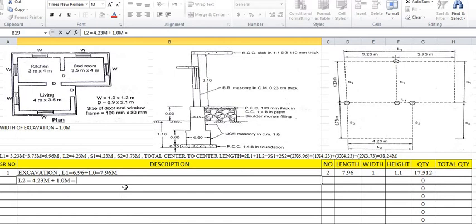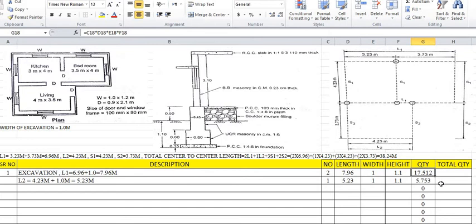So 4.23 plus 1 meter is 5.23 meters. In this way L2 is 5.23. How many numbers of L2 are there? By seeing the figure, only 1 number of L2 is there. So 1 number, length 5.23, width is the same 1 and height is the same 1.1.